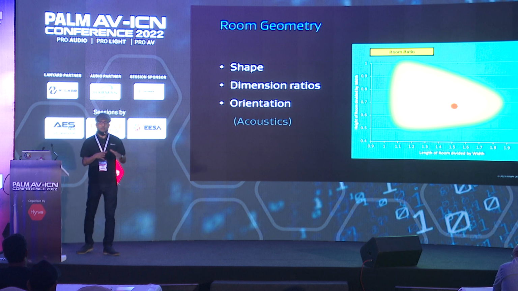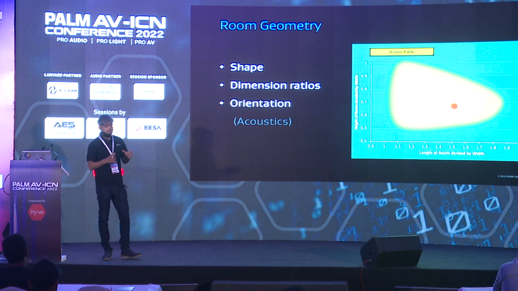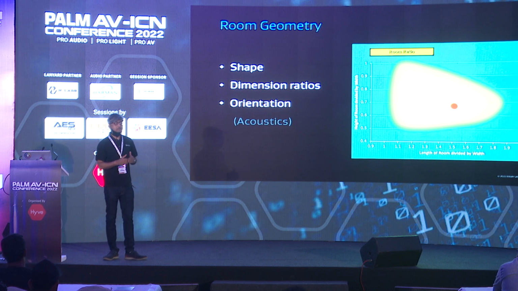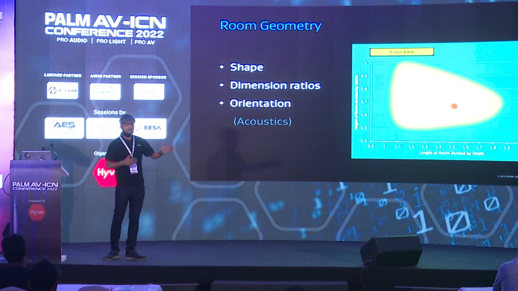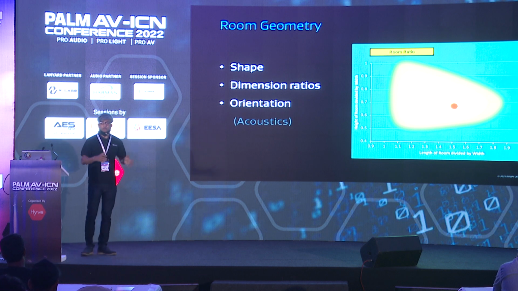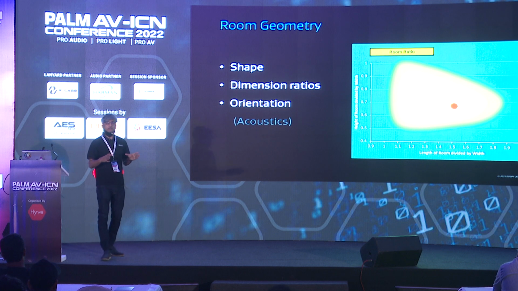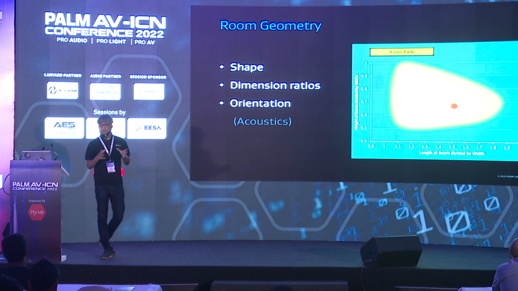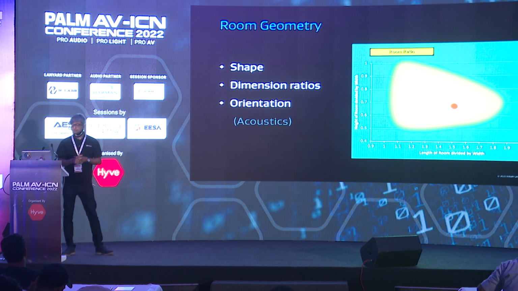Some can be squarish. So a rectangular room which has the length dimension greater than the width is a more ideal room. A squarish room will tend to have more problems in terms of acoustics of that space. So that is generally avoidable.